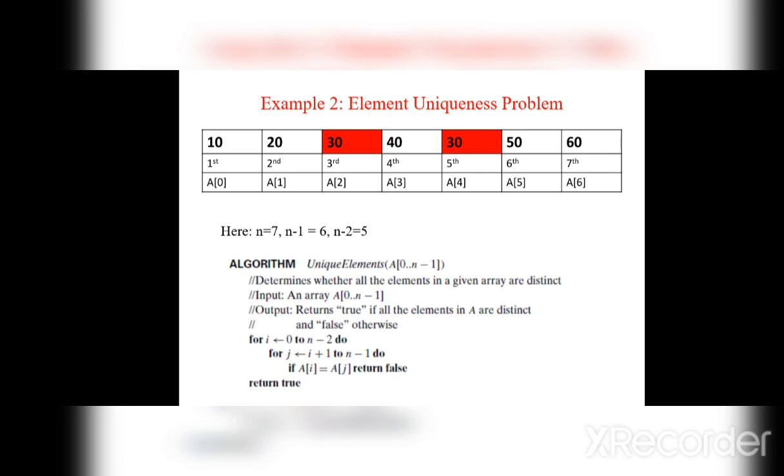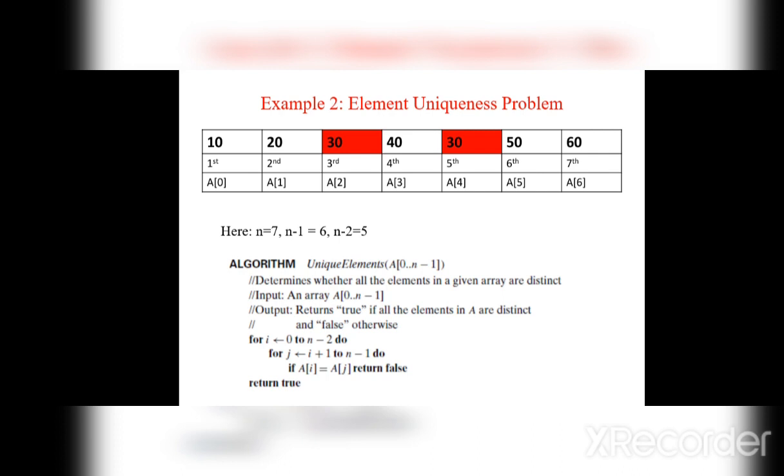Here we are going to see the element uniqueness problem. The element uniqueness problem means we have to find whether the given elements in the array are unique. We say that the array is unique if all the elements in it are unique.